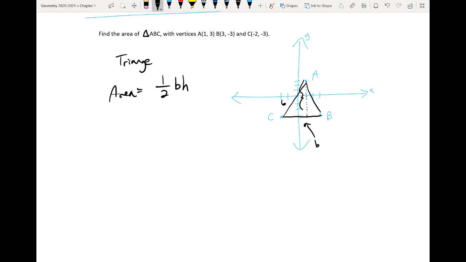Later on, I'll show us how to calculate that in the instance that the height isn't perpendicular to a vertical line. So we know that is 6, which is our height. And our base, again using the counting principle, is going to be 5.